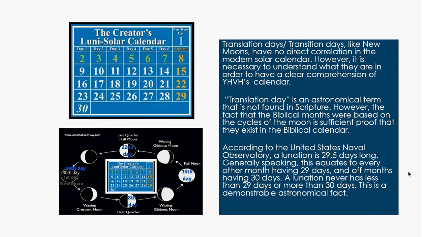And according to the United States Naval Observatory, a lunation is 29.5 days long. Generally speaking, this equates to every other month having 29 days, and off months have 30 days. A lunation never has less than 29 days or more than 30 days, and this is demonstrable astronomical fact.